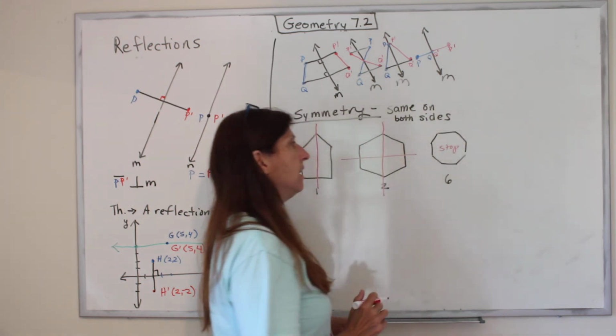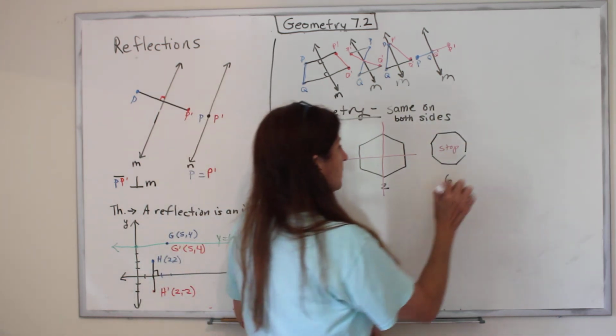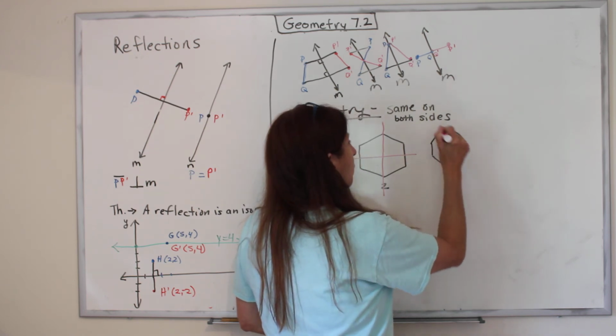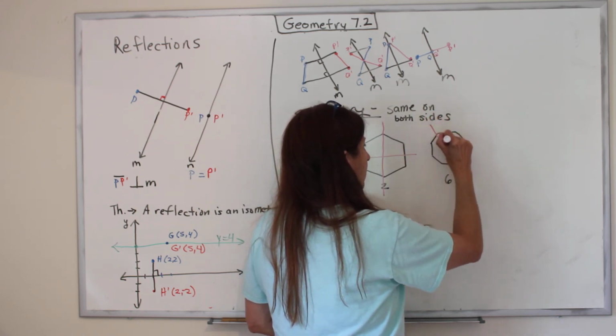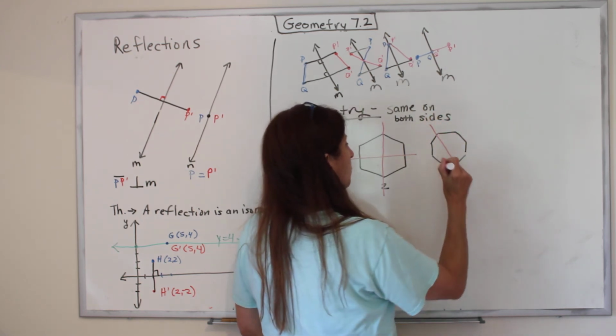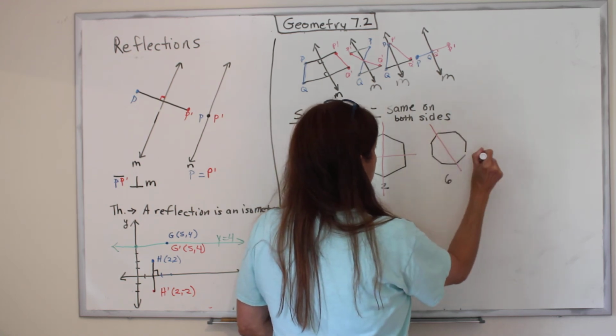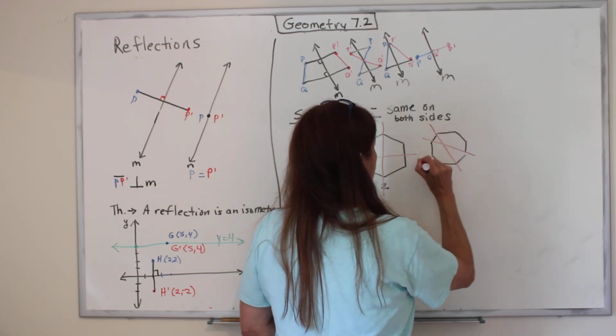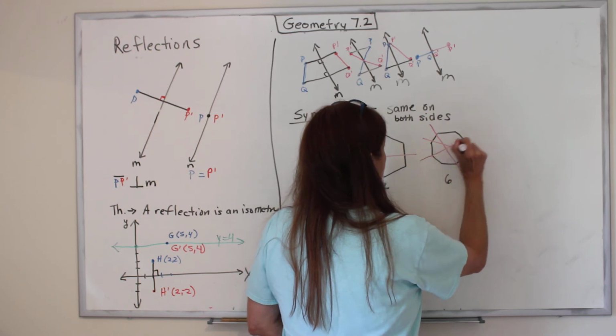It is a hexagon. And let's see its lines of symmetry. We can divide it on the pointy parts, the vertices. One, let's go here. 2, 3.